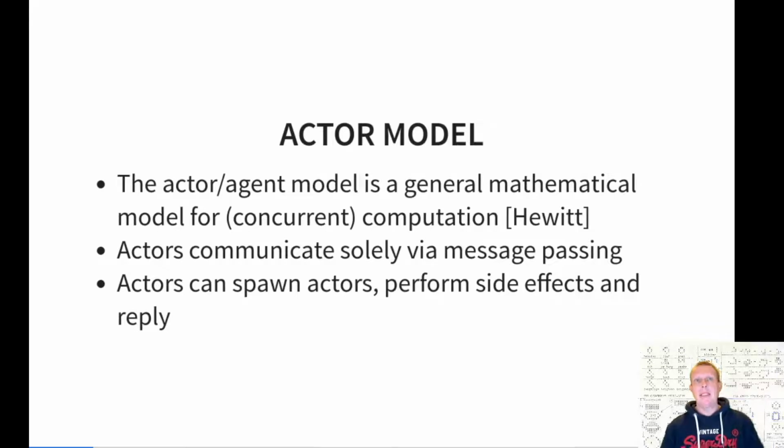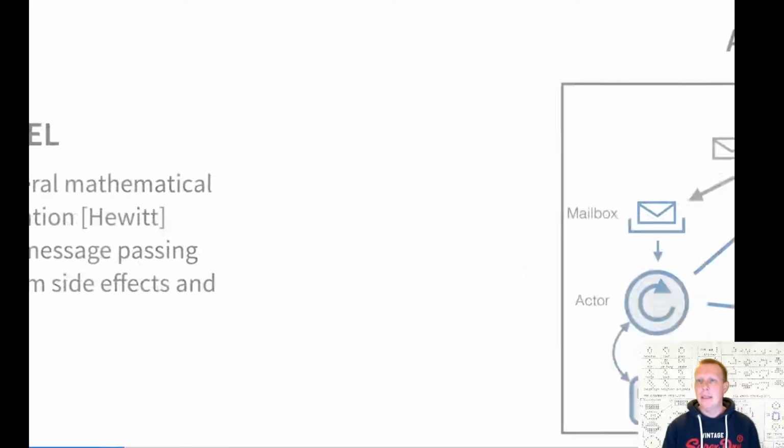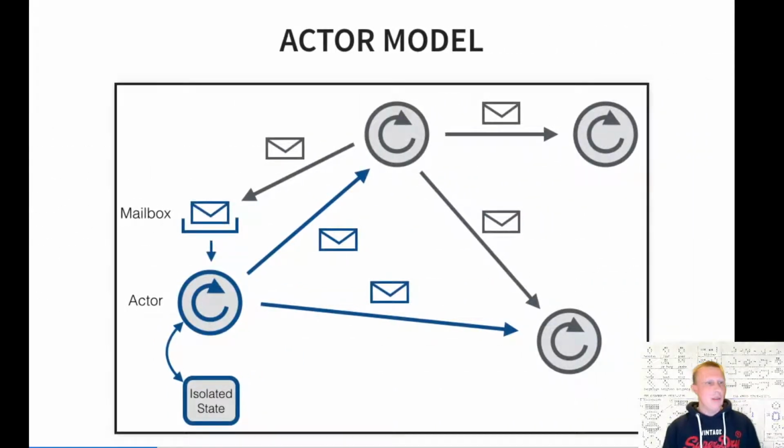But an actor is this little module, this little object that sits there with its own internal state and its own internal life, and it responds to messages from the outside, and it can send messages to the outside, and that's it. So this is a pictorial representation of how it works.